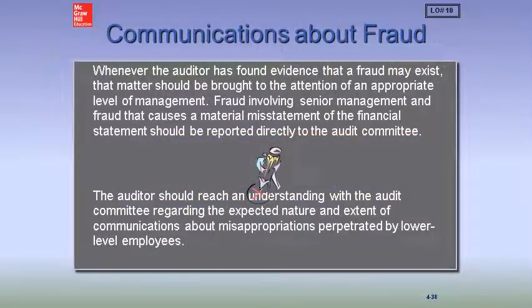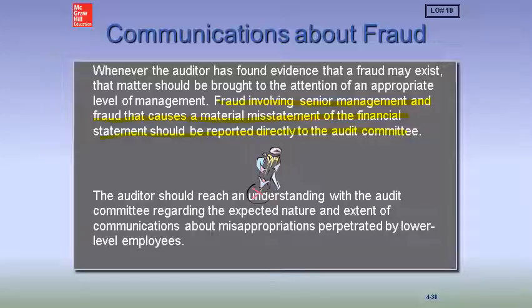Okay, going over to the next slide now, and again, fraud involving senior management or that causes material misstatement must be reported, and if it didn't involve senior management, then we would also include them in the discussion if it was a material misstatement.